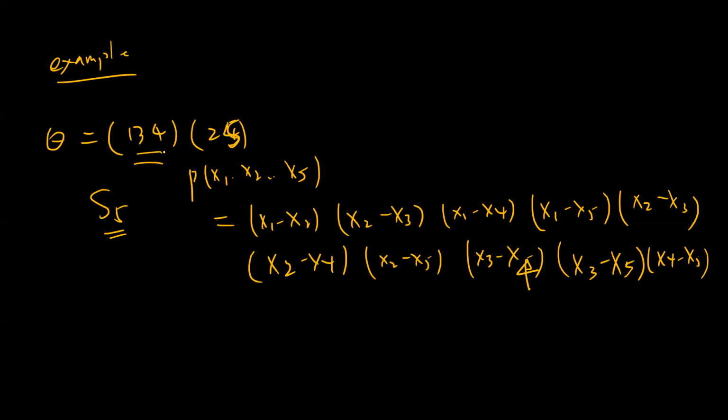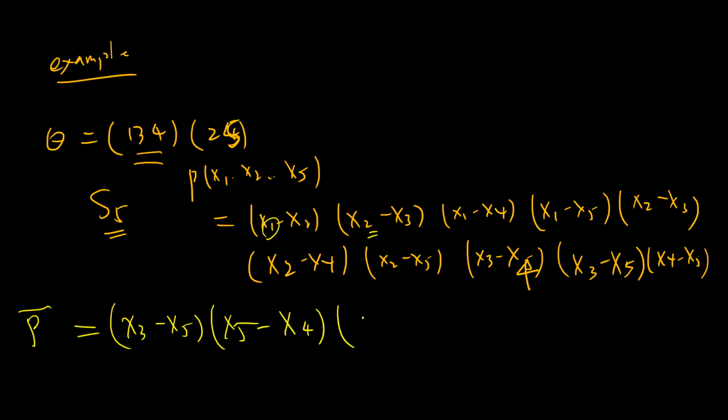So I change 1 to 3, 3 to 4, right? So 1 becomes 3, so it's x3 minus x5, and 2 becomes 5, and 3 becomes 4. Yeah, so you can check it.